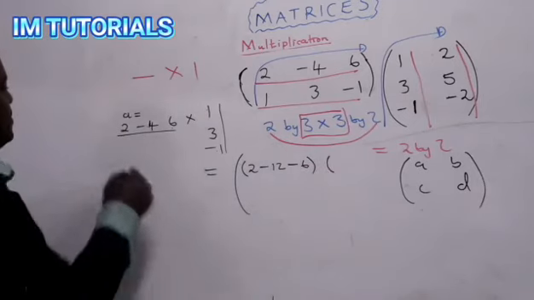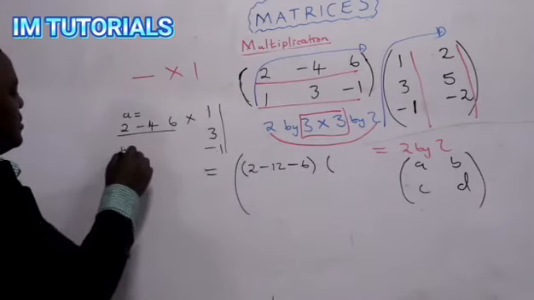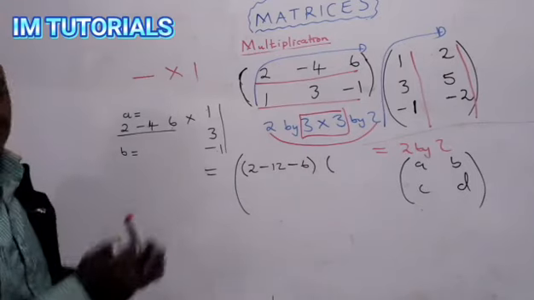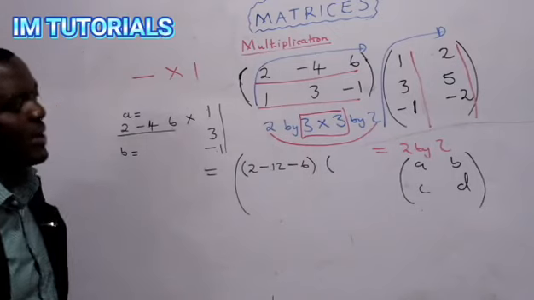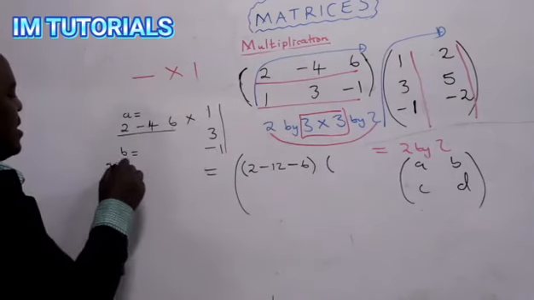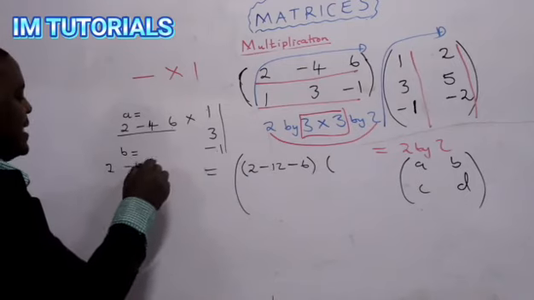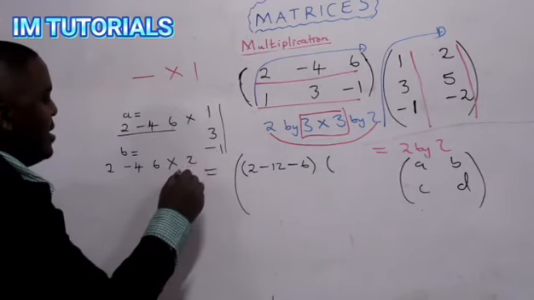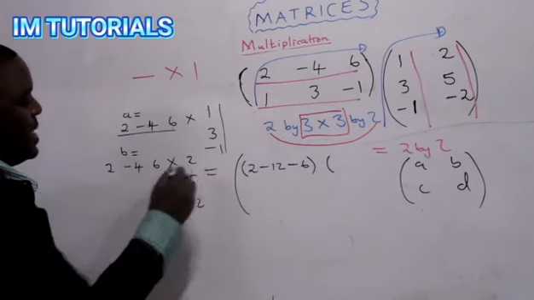We move on to B. B is a letter which is located at the top. So you are going to use the top row, which is 2, minus 4, and 6, to multiply the second column, which is 2, 5, and minus 2.